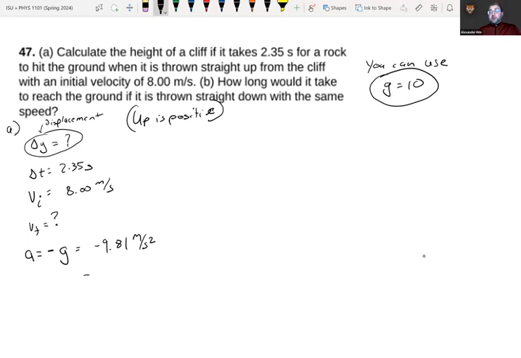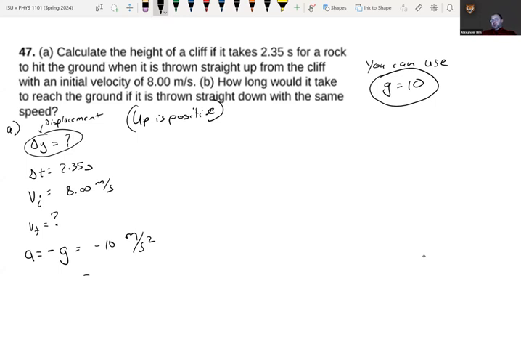Okay, so here's the thing. g equals 10 is not super accurate in terms of calculation, but it makes the nitty-gritty of grinding through the algebra a lot faster, which is why I don't really care. What I want you to be able to demonstrate, and I'll do this with g equal to negative 10, I'll just leave it as negative 10, and then we'll just ignore the sig figs there because that's a rounded version.